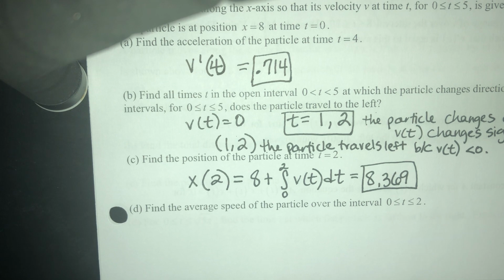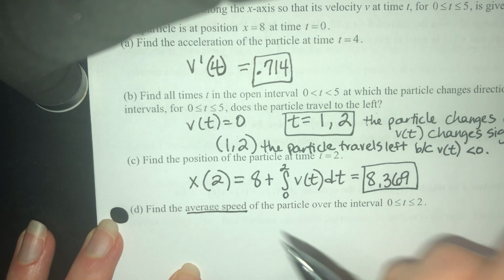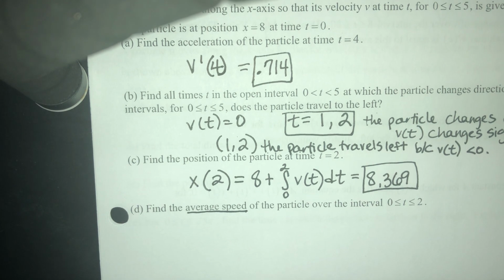Now, D says find the average speed of the particle over the interval from 0 to 2. Okay, average speed. You have two note cards that say average on them. There's average rate of change and there's average value. If the problem is about average rate of change, it's going to say average rate of change.